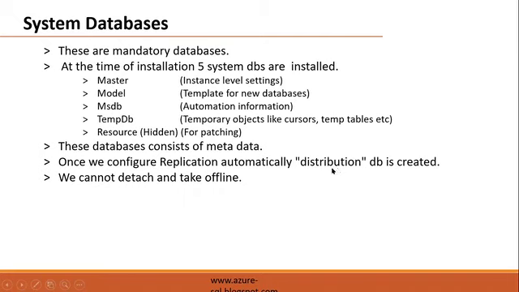Complete automation information is recorded in which database? MSDB, except for replication. For replication, Microsoft is using a separate database with the name distribution. By default it is not created. Once we configure the replication feature, then it is created.